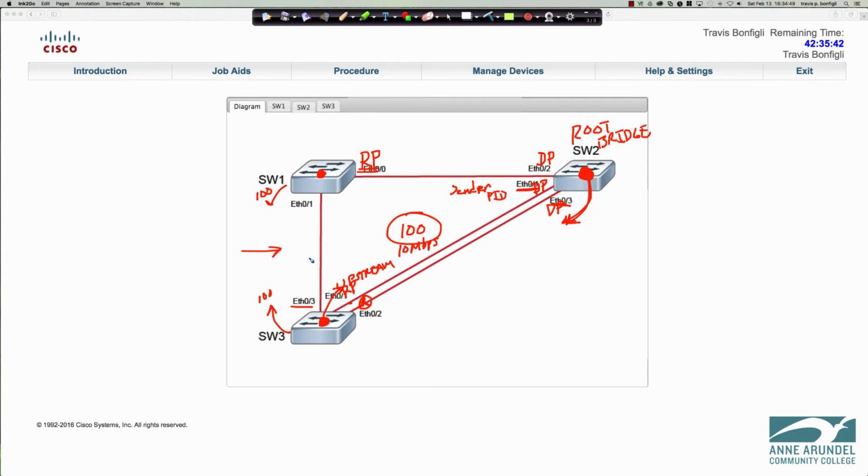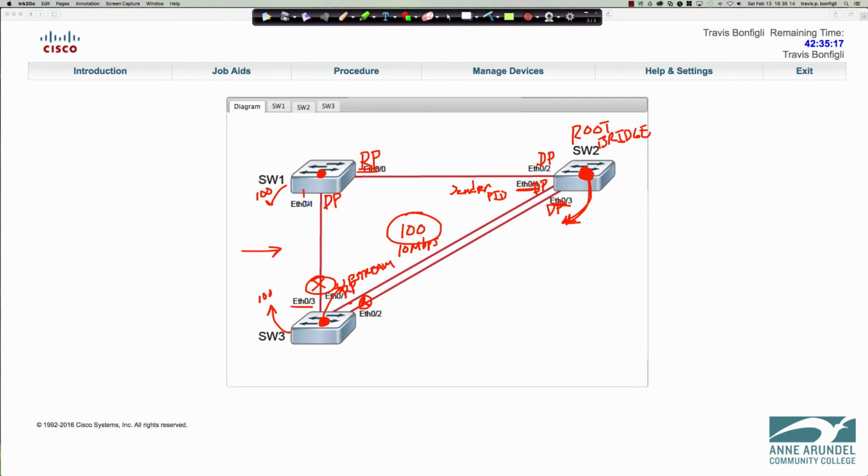Then it goes to the lowest MAC address. Well, who has the lower MAC address? We've already seen that when everything was the default for the bridge priorities, switch 1 is the root bridge. So we know he's got the lower MAC. Therefore, that is my blocking port, and on that segment this would be the designated port.